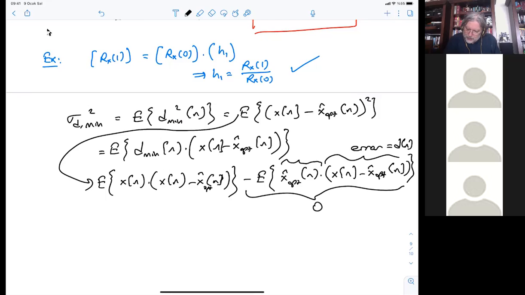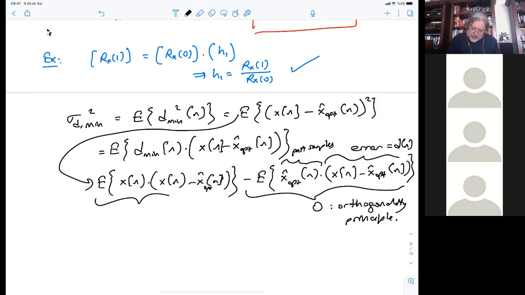So this consists of past samples, an ensemble of those past samples. And this is an error. And each of these past samples is orthogonal to this error. So the combination of those past samples is also orthogonal to the error, okay? So this being zero comes from, again, the orthogonality principle. And therefore, we are left with this part only.